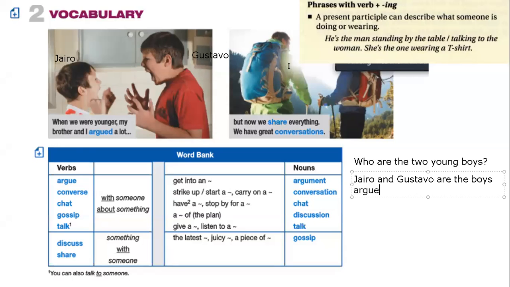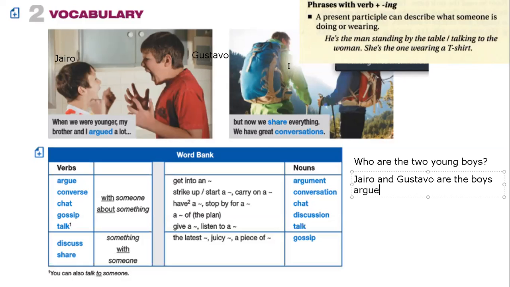So now, tell me. Argue because... Mira lo que dice acá. Phrases with verb ing. A present participle can describe what someone is doing or wearing. He is the man standing by the table, talking to the woman, wearing a t-shirt.